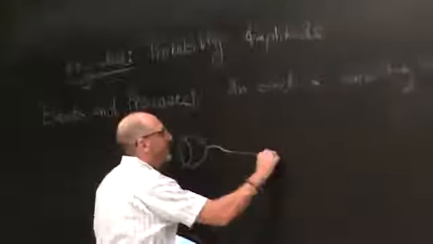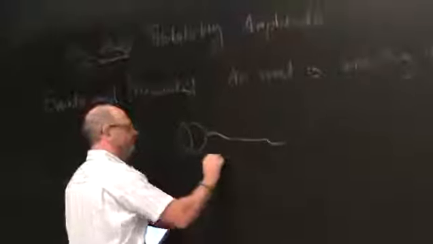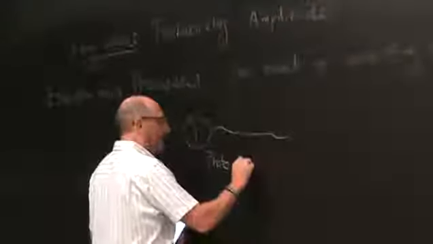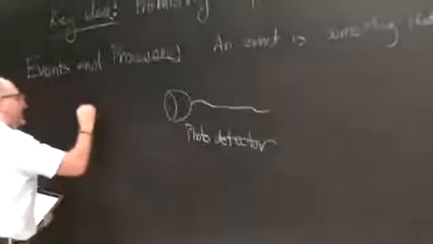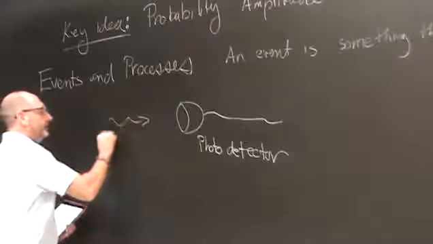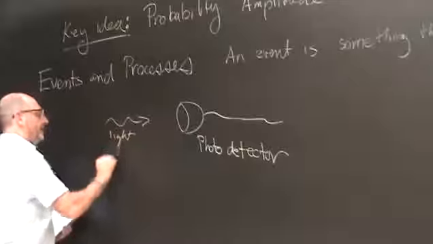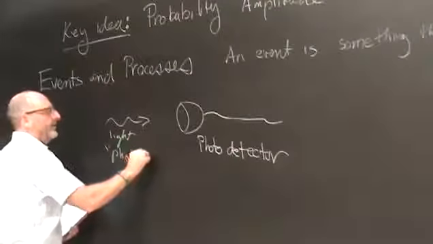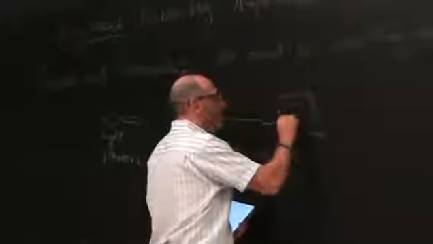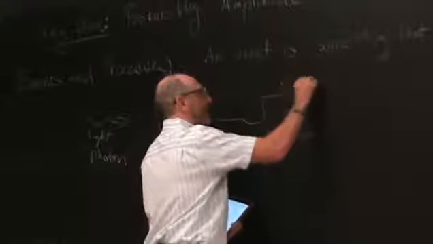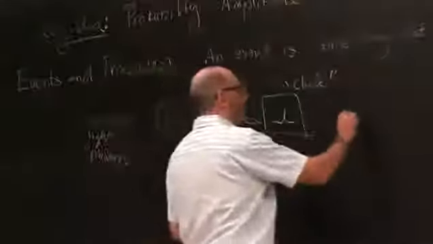So let's just say I have some kind of photo detector that goes click. And I have some light field, photons impinging on this detector, and this detector is in some kind of Geiger mode, and it goes click when a photon is detected, okay? This is our event.